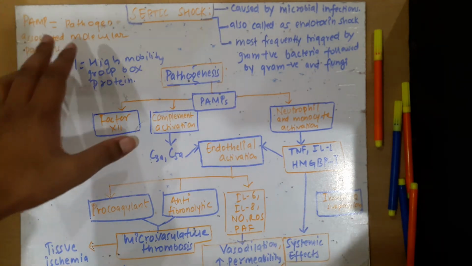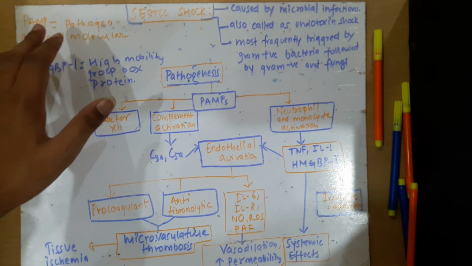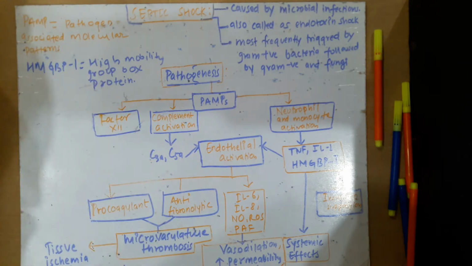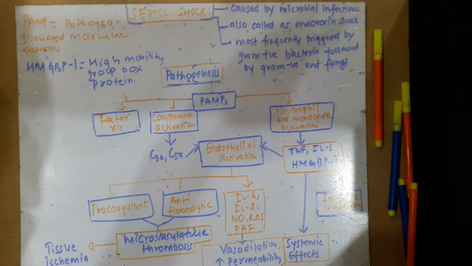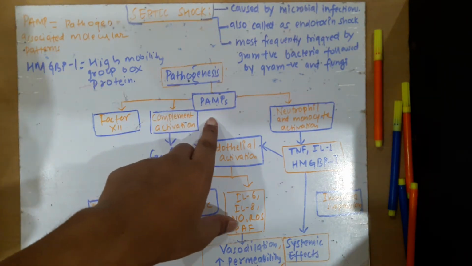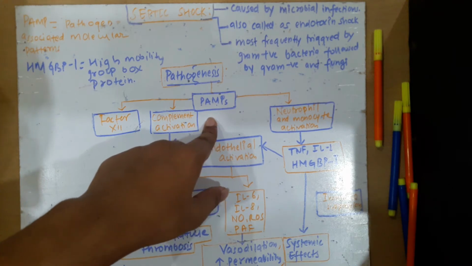So PAMPs, that is pathogen associated molecular patterns. These are the various substances that are derived from microorganisms, okay. These PAMPs get detected by toll-like receptors.